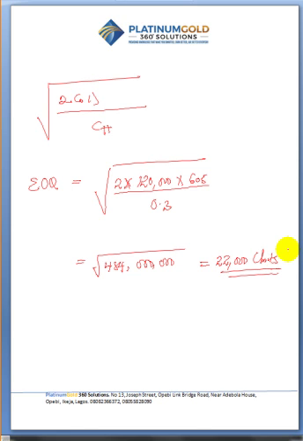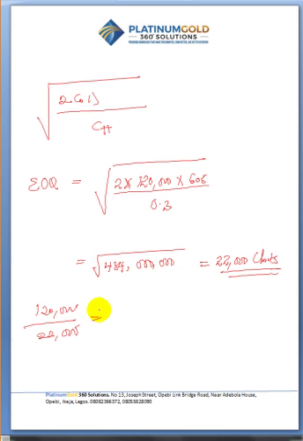The economic order quantity is 22,000 units, which means that the average number of orders placed with the supplier will be annual demand, 120,000, divided by 22,000.